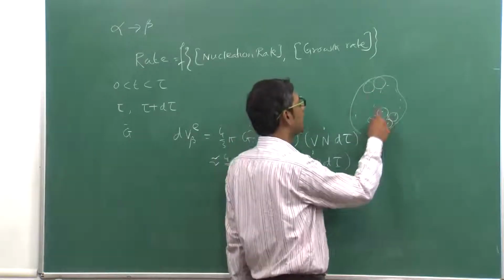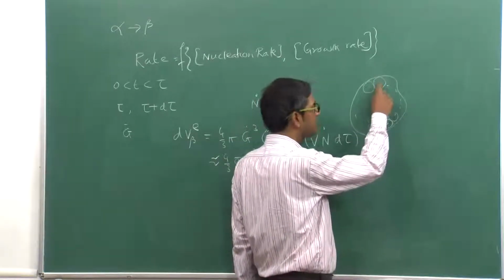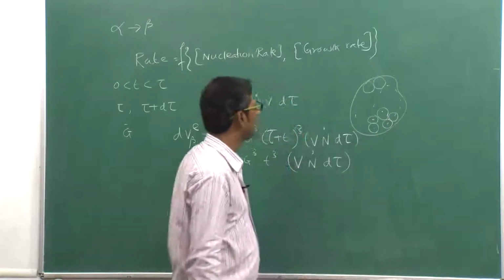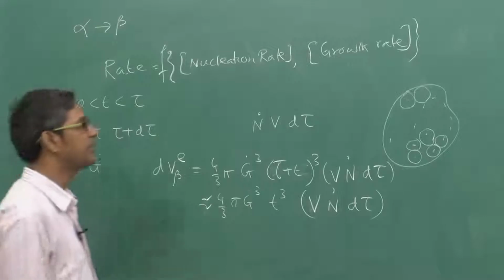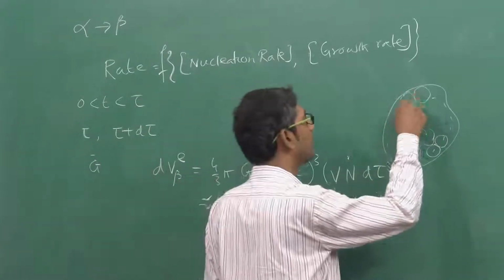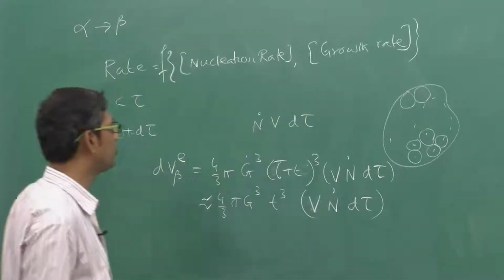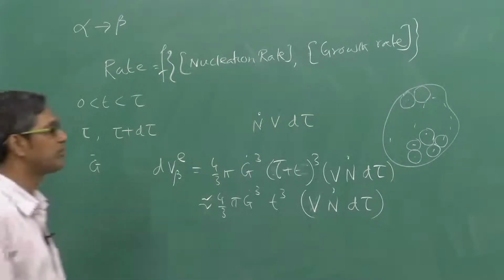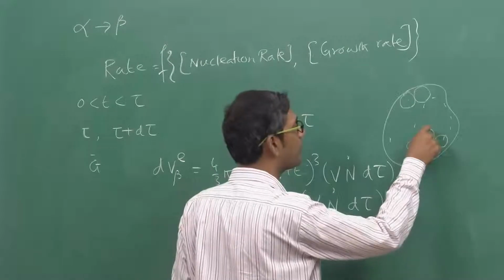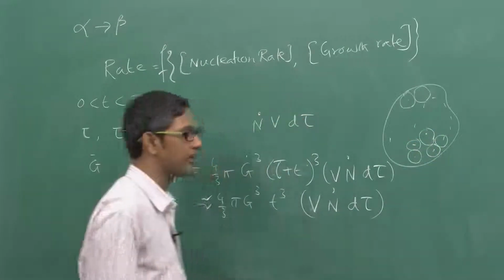So the chance of growth is much higher here, and that's why one of the assumptions of this model is that untransformed regions have more propensity for nuclei to grow than regions which are already transformed and partly remain to be transformed.